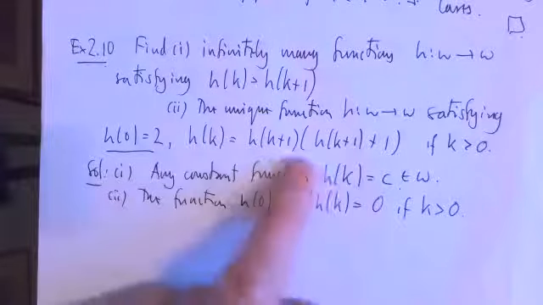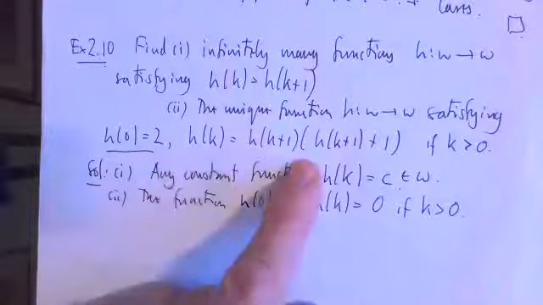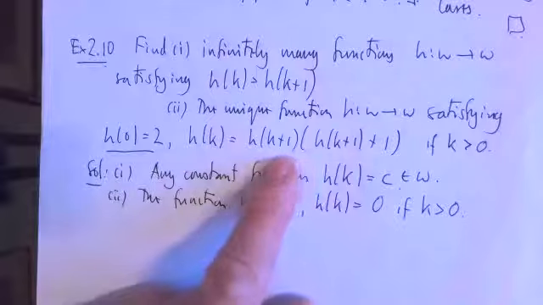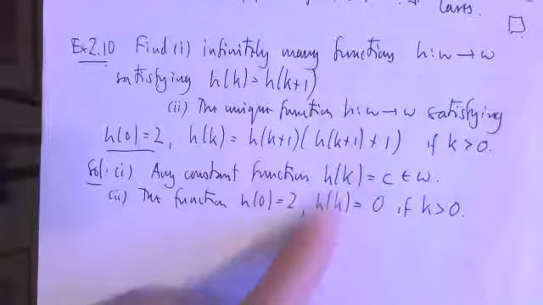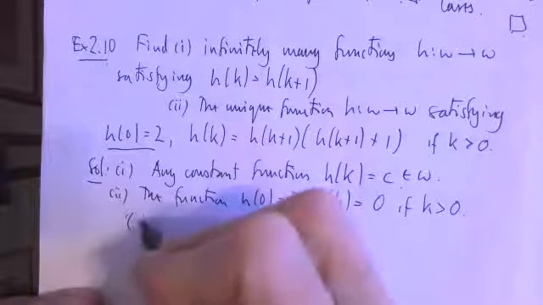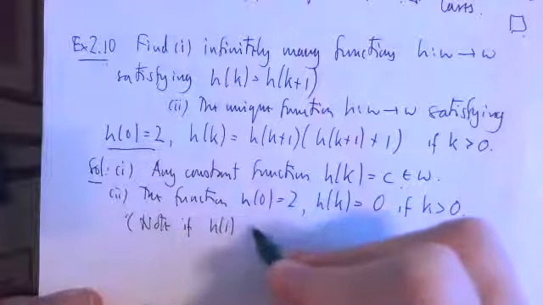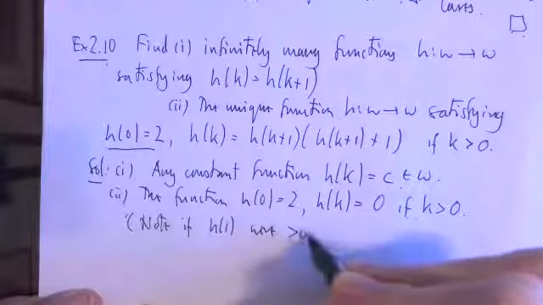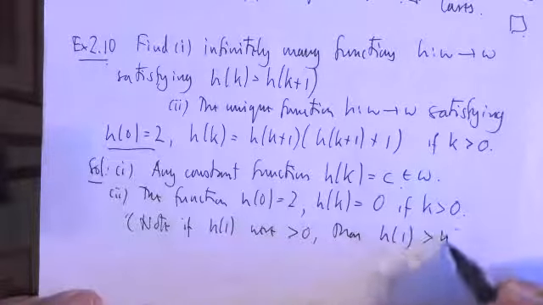So if h of 1 is bigger than 0, h of 1 is going to be bigger than h of 2, because it's h of 2 times h of 2 plus 1. So if h of 1 were bigger than 0, then h of 1 is bigger than h of 2.